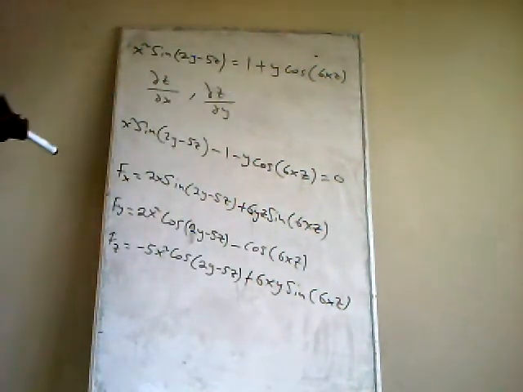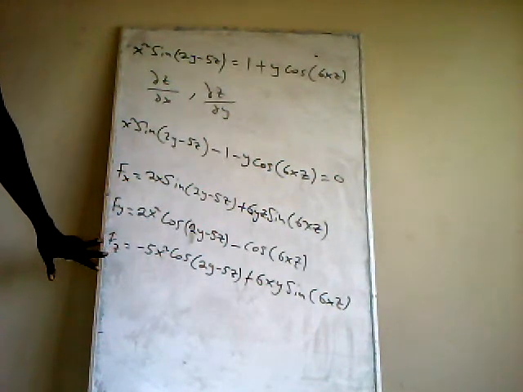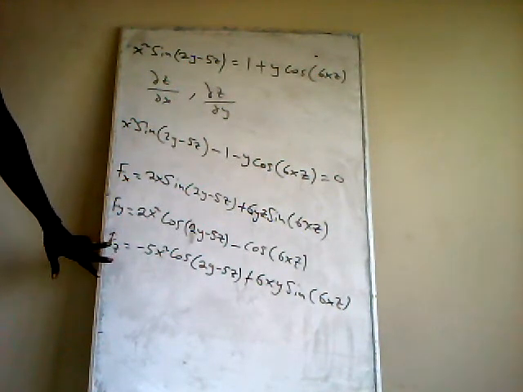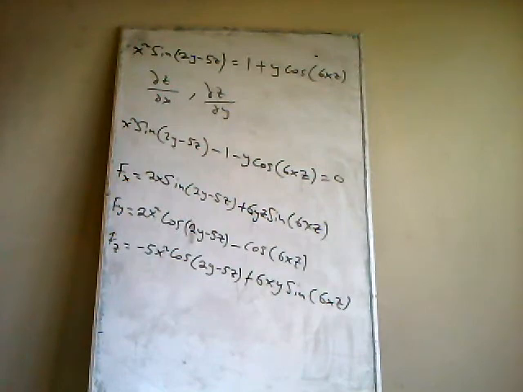Now, if you don't get the differentiation, you call me and I'll just take you through. At this point, I just hope you are comfortable with partial differentiation. You understand? Okay, so now I go ahead and apply my theory.